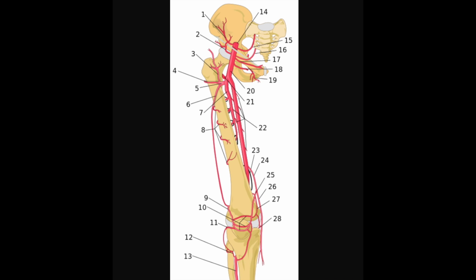So the inferior epigastric in this case is shown by number 15, and we're stepping out of order, then we'll go back to order. But number 15 here, you can see it's arising from the common femoral artery, which is number 14. And actually I should correct myself. This small portion here is the external iliac.